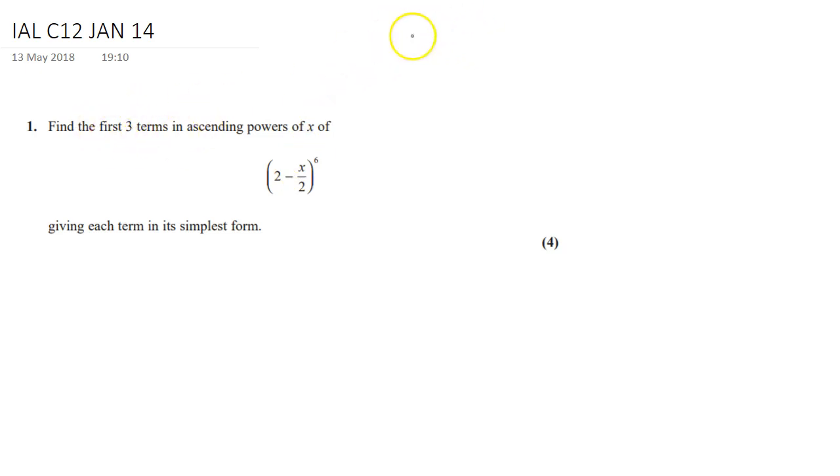First three terms. So as I told you, this is 6c0, 6c1, 6c2. 2 is to the power 6, 2 is to the power 5, and 2 is to the power 4.